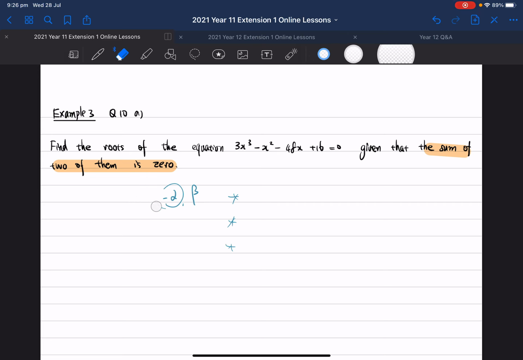What I suggest you use is alpha, beta, gamma. Don't worry about the condition they give you; we deal with the condition later. So this is what you do. You still write down alpha, beta, and gamma. You let alpha, beta, and gamma be the roots.